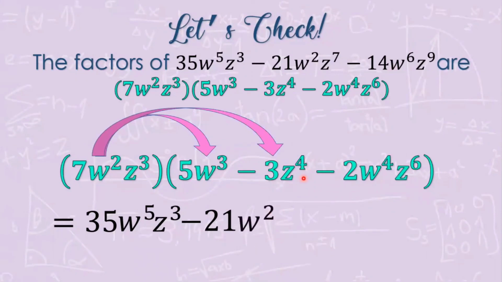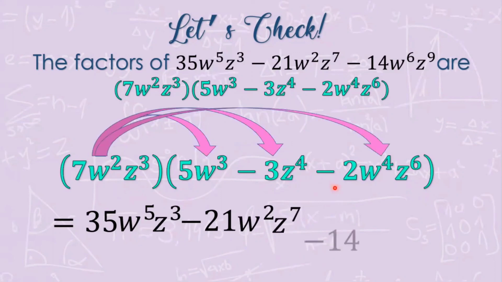Z cubed times Z to the 4th, Z to the 7th power. So, third term, 7 times negative 2 is negative 14. W squared times W to the 4th is W to the 6th. Z cubed times Z to the 6th power is Z raised to 9. So, since ang product ng factors ay the same dun sa given natin, ibig sabihin, tama ang nakuha nating factors.